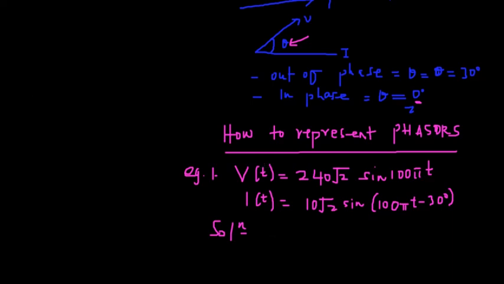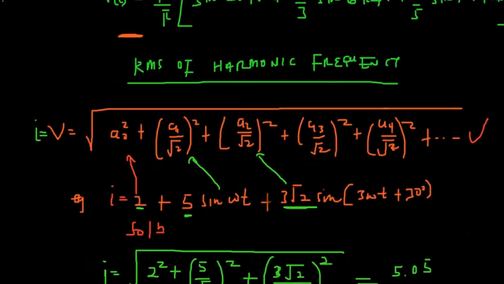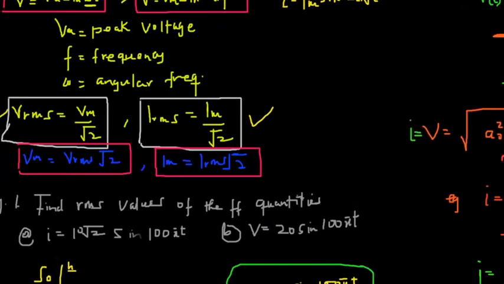Right, let's proceed. So this is how you represent these two, the sinusoidal voltage and current, on a phasor. First, we know that you have a certain 240 root 2. Let's move back, I want to reference something over here.